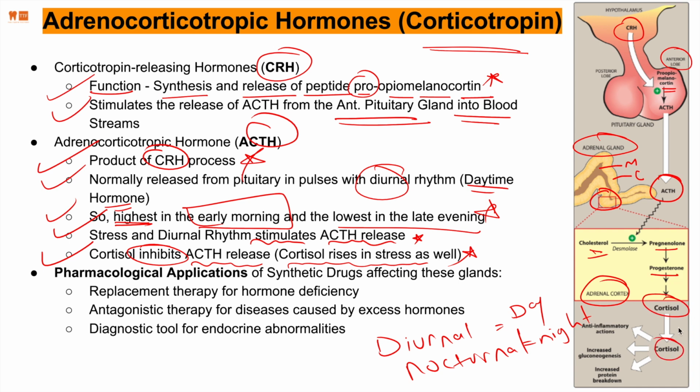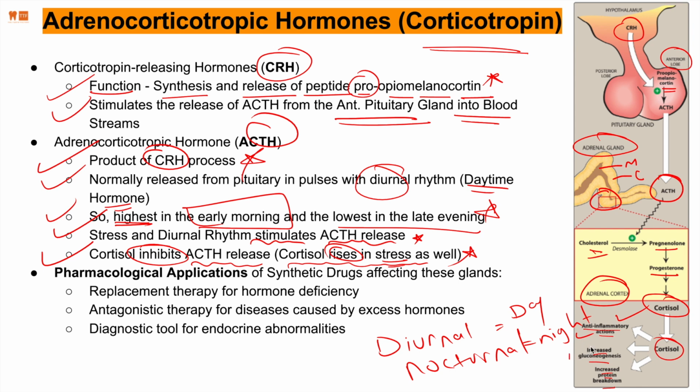Cortisol goes into the bloodstream and cortisol gives three actions. Number one, anti-inflammatory actions. Great. Why? Because it's more released under stress. Stress could be exercise. Stress could be infection. Inflammation is a stress, therefore anti-inflammatory action.